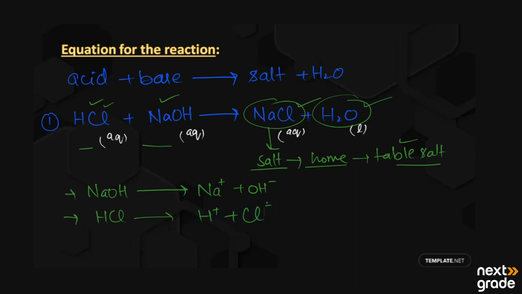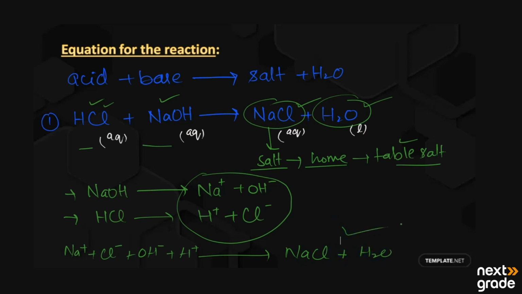Now the whole equation depends upon these four ions: the sodium ions, chloride ions, hydroxide ions, and hydrogen ions. Then the products we gain are sodium chloride and a water molecule. So this is the whole chemical reaction between the acid and a base, and this is the neutralization reaction because it produces a neutral product.